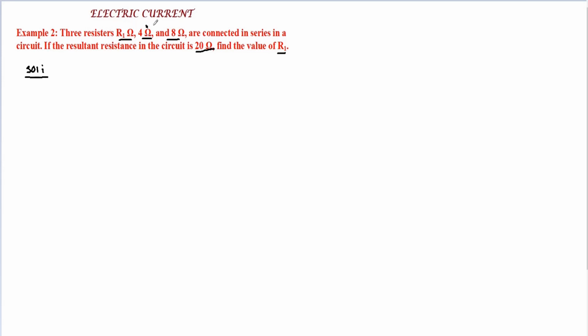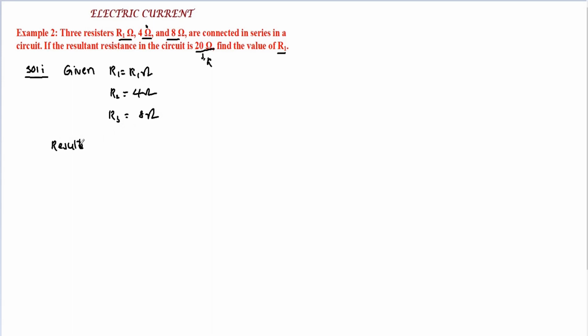This one we take as R2 and this one is R3 and this one is the resultant resistance R. Now write the values. Given R1 equals R1 ohm, R2 equals 4 ohm, R3 equals 8 ohm, and also the resultant resistance is given.